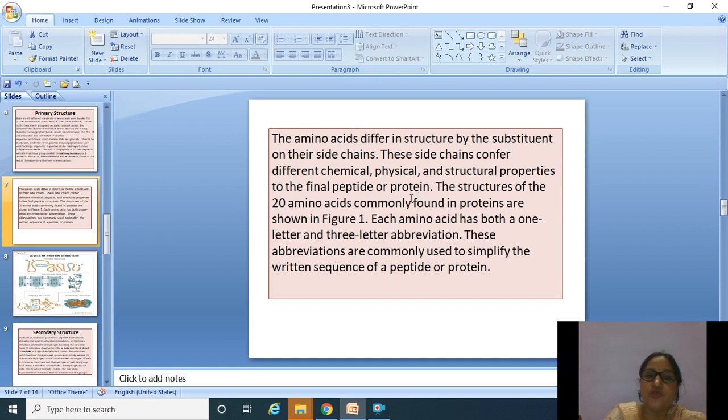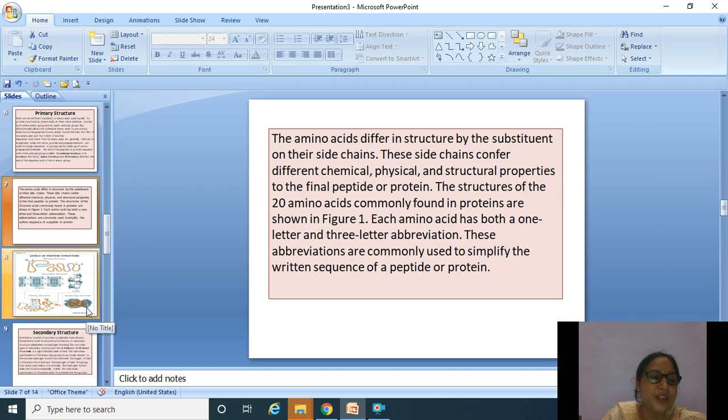The structures of the 20 amino acids commonly found in proteins are shown in the figure. Each amino acid has both a 1-letter and a 3-letter abbreviation. These abbreviations are commonly used to simplify the written sequence of a peptide or protein.